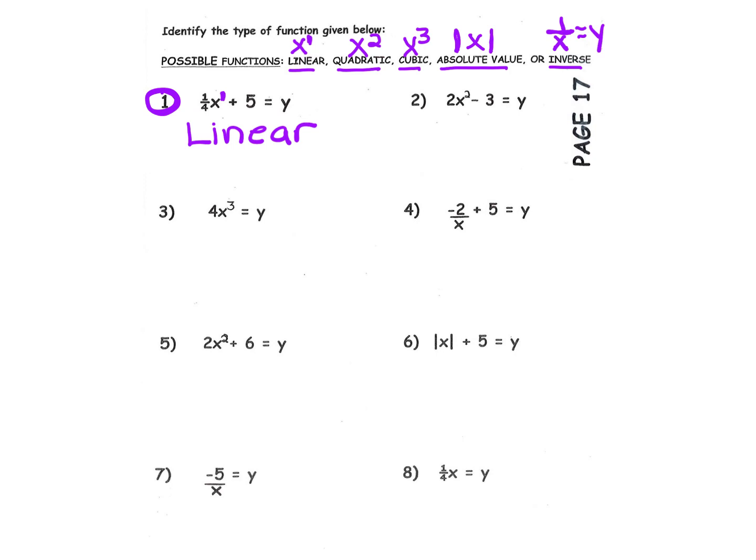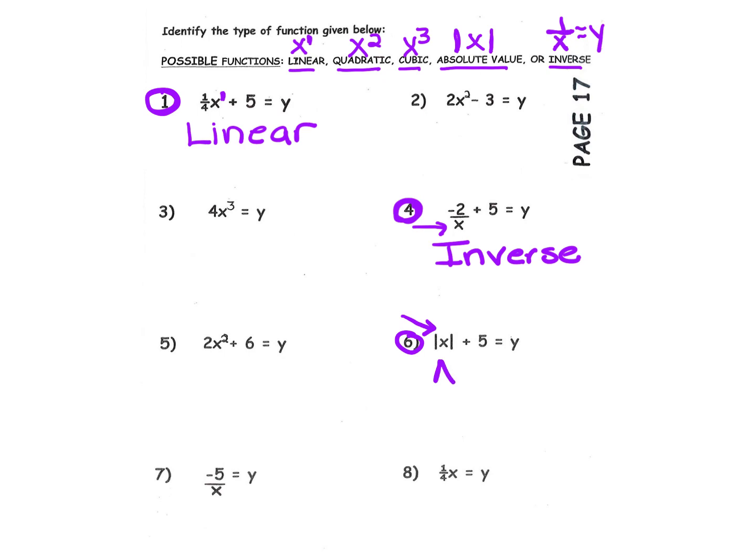For example, look at number 4. We can see there's a lot going on here, but the most important thing is x is in the denominator. We know that that means that this is an inverse function. Let's take a look at number 6. If you look at x in this equation, you can see that the absolute value markers are present.